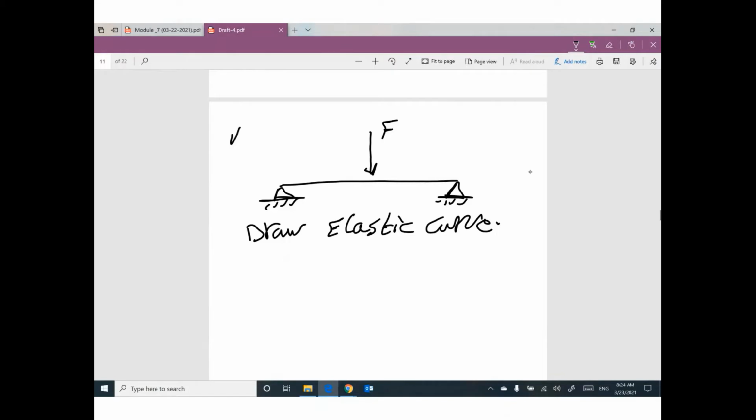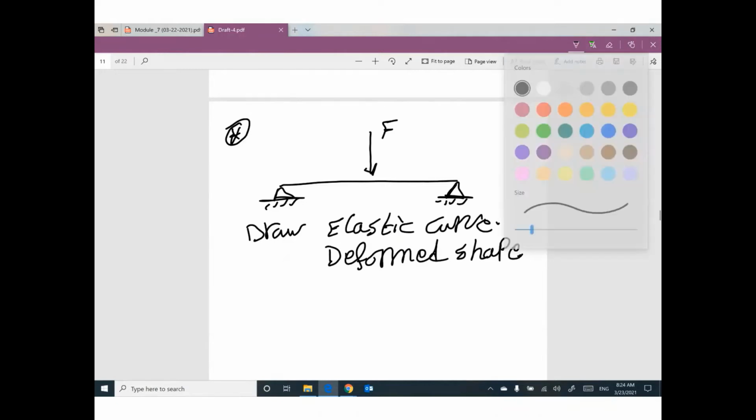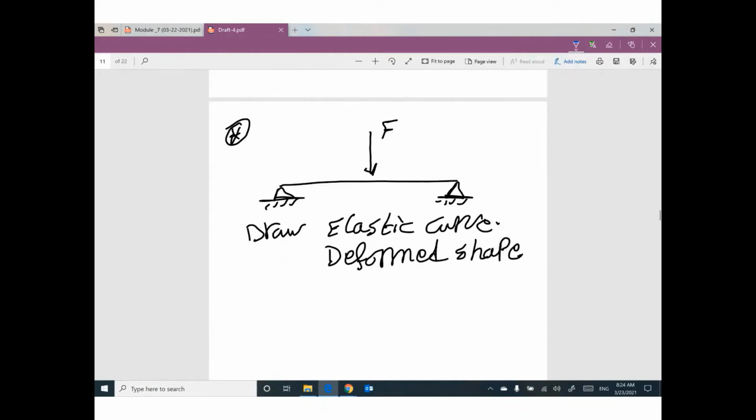Sometimes this is a question in the FE exam or the professional engineer exam. Or can you draw the deformed shape? You have to remember that the elastic curve and the deformed shape have the same meaning.